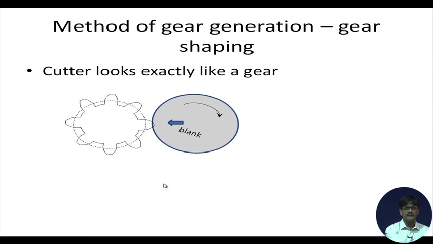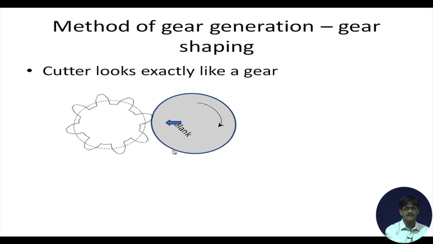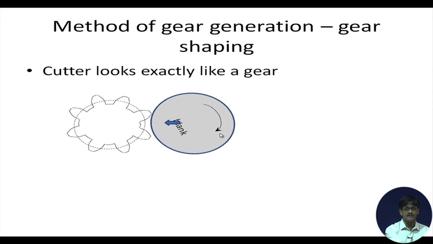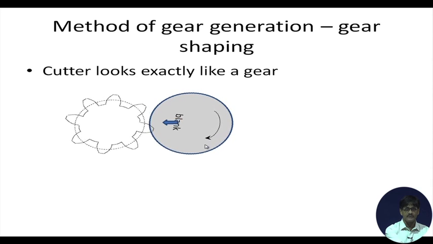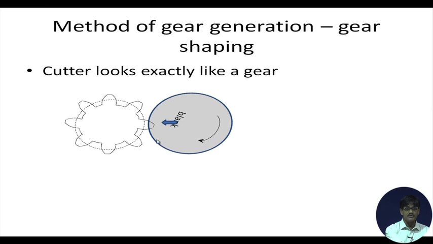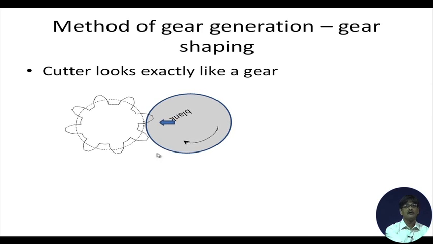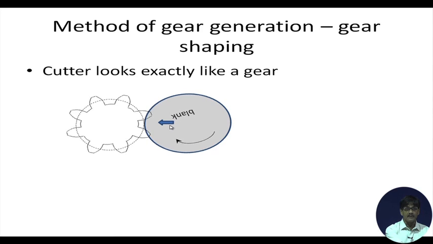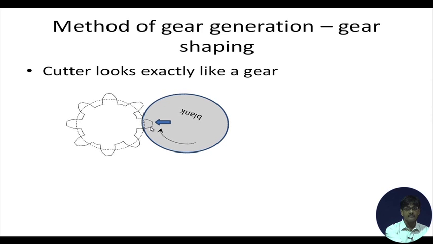Yeah, I think you can see very slow rotation of the cutter taking place, and the blank is also rotating as if they are rolling. Are they rolling together? No, there are no teeth, but they are made to rotate by us individually. I am rotating the cutter, I am rotating the blank, and I am making the blank move gradually towards the cutter, so that the interference between them is gradually increasing.